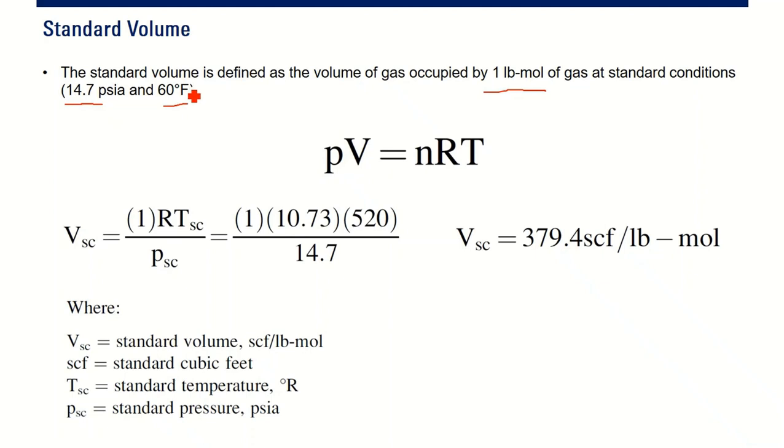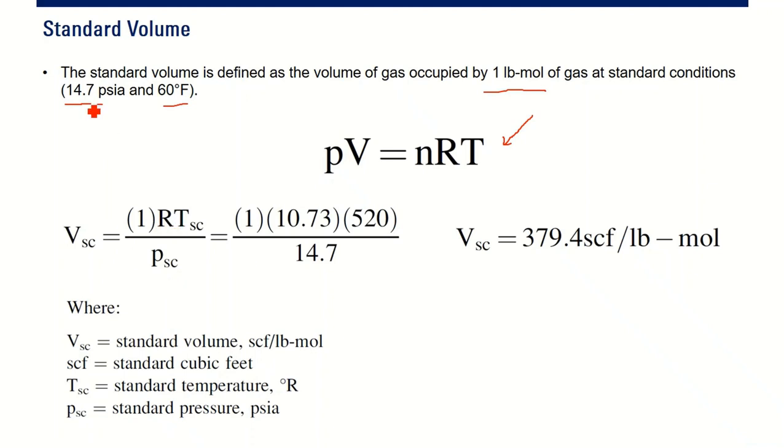So if we use this equation, ideal gas, PV equals nRT, then we can calculate the standard volume. If you change this equation, then you have V, and n is 1 pound mole, 1, and then R divided by pressure.